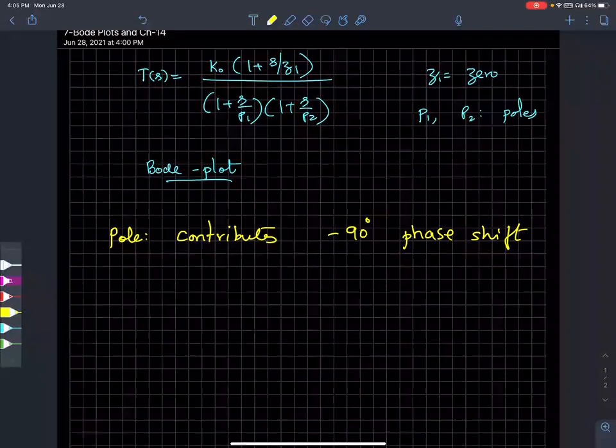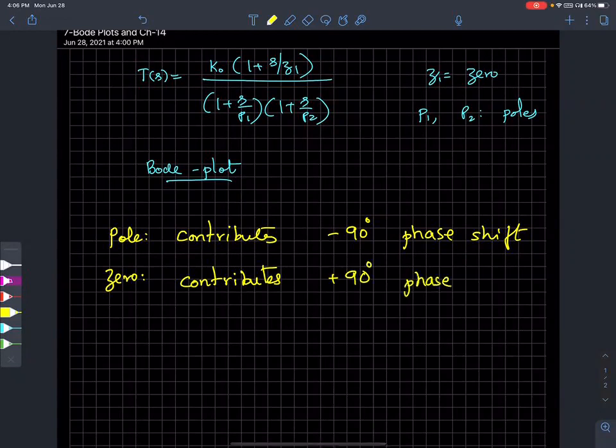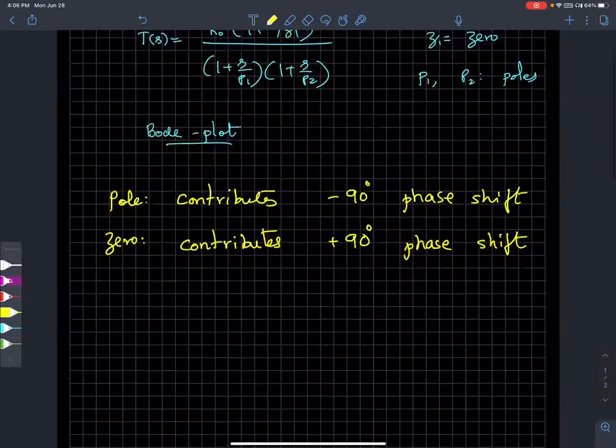Any pole can only give negative 90 degrees of phase shift. A zero, on the other hand, contributes a phase shift raise of 90 degrees.